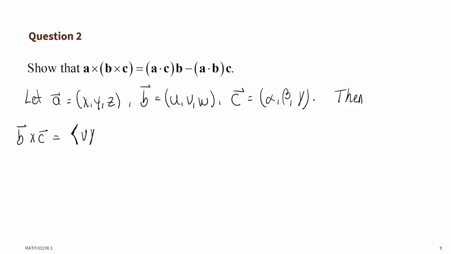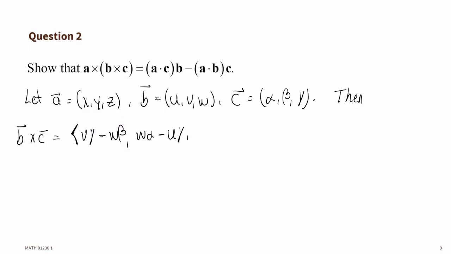V gamma minus W beta, comma, W alpha minus U gamma.